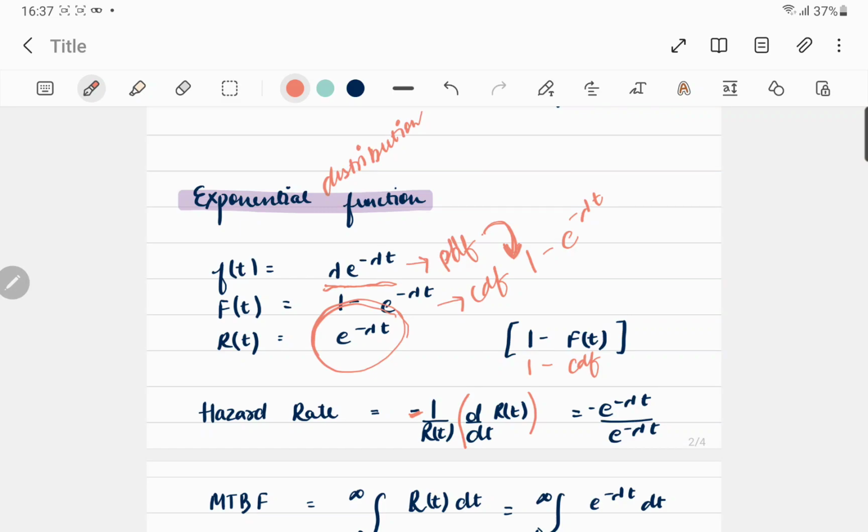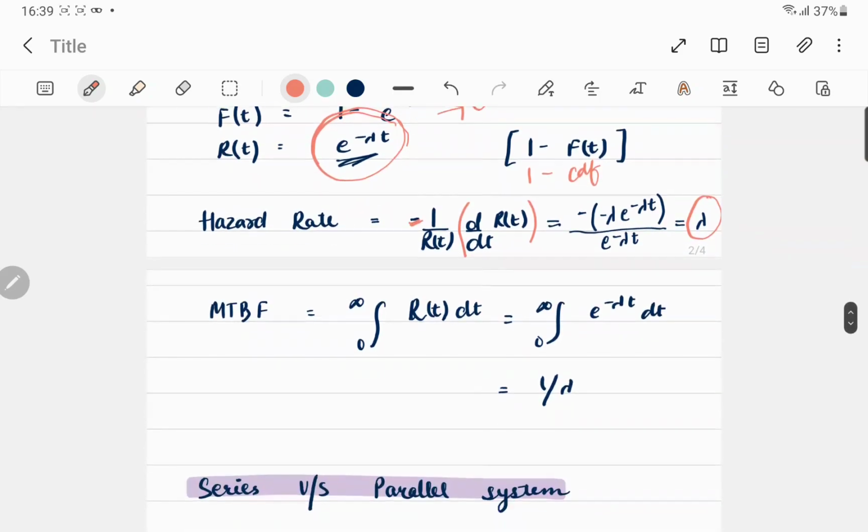In this particular case, if we differentiate our reliability function, which is e to the power minus lambda t, we get minus lambda e to the power minus lambda t divided by the reliability function e to the power minus lambda t, and hence we get lambda as our hazard rate.